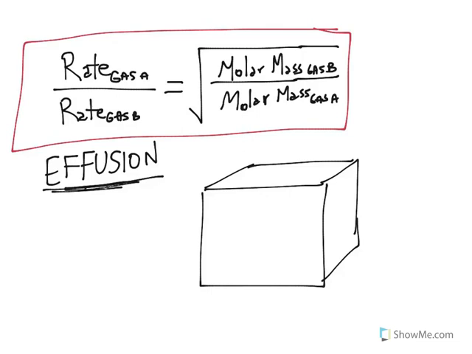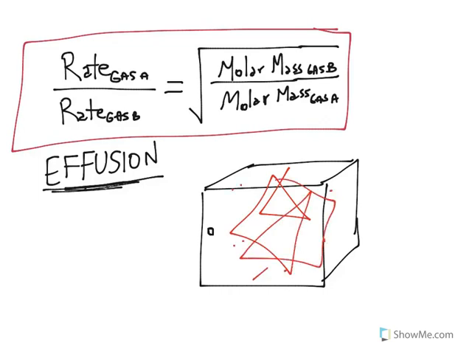For a gas to effuse means to escape through a tiny pinhole. Let's say in this container we had all these gases, moving around super fast, colliding with each other and with the walls. Every now and then, a particle escapes.